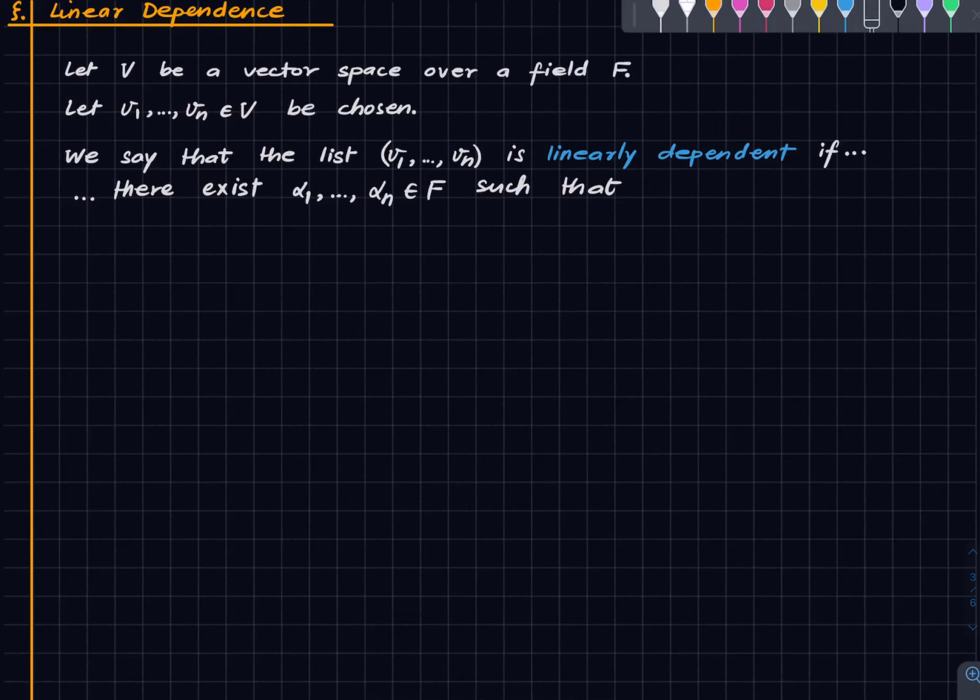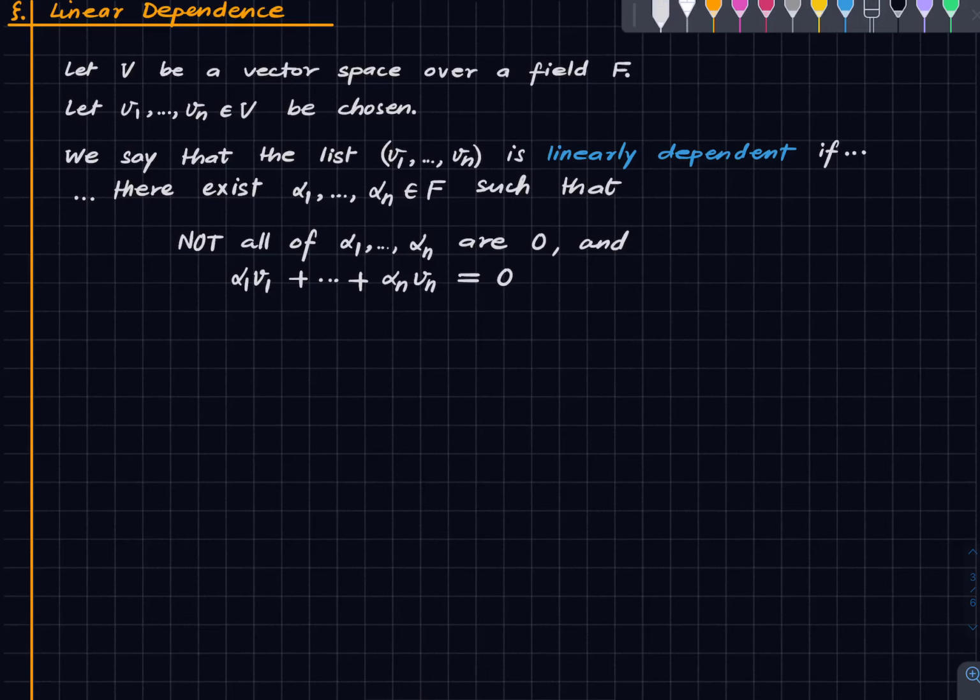Not all of these are 0, meaning at least one is non-zero, and this linear combination is 0.